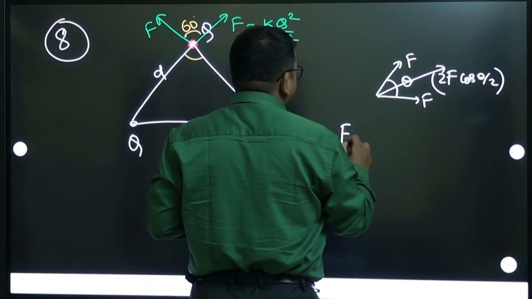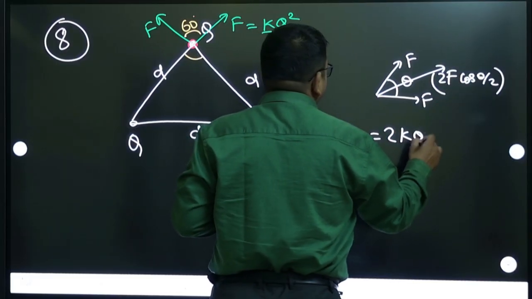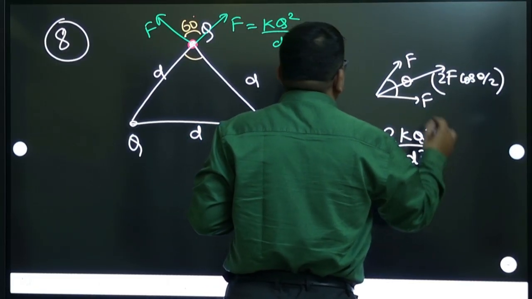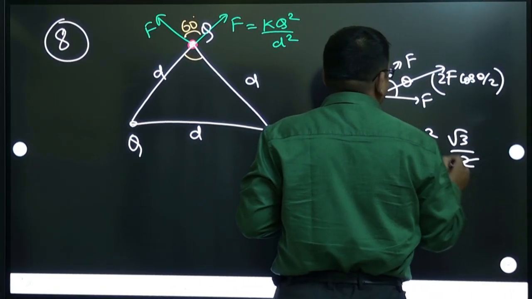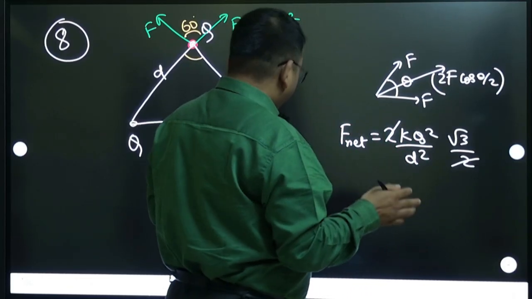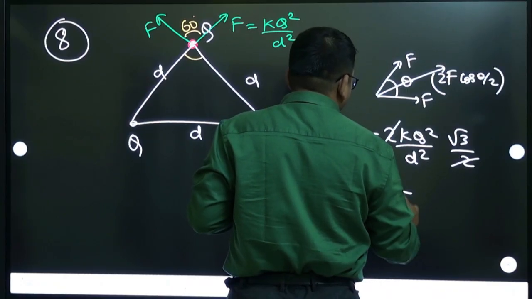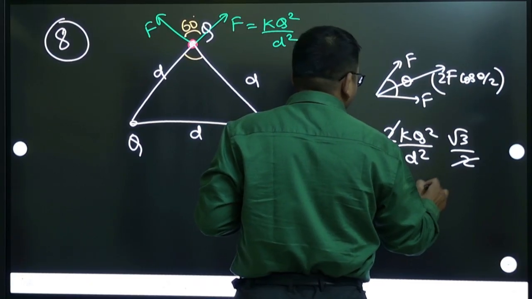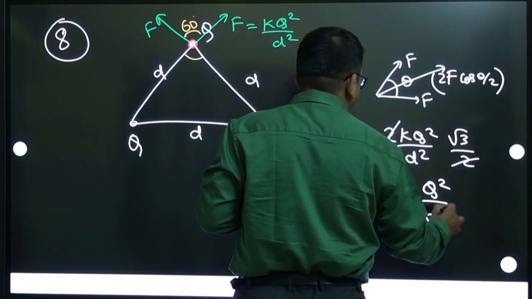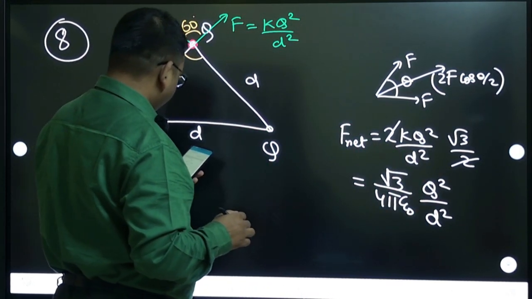So the net force is going to be 2 into F, where F is kq square by d square, into cos 30 degrees, which is root 3 by 2. The 2 gets cancelled. If you want it in terms of 1 by 4 pi epsilon naught, write it that way. This becomes root 3 q square by 4 pi epsilon naught d square.